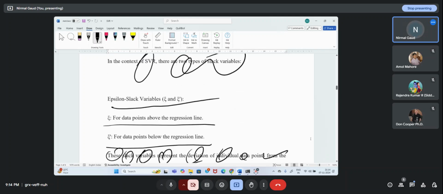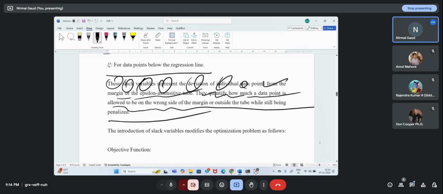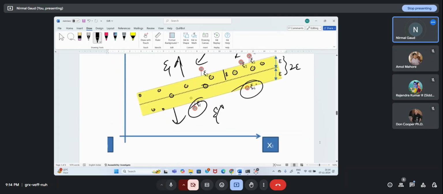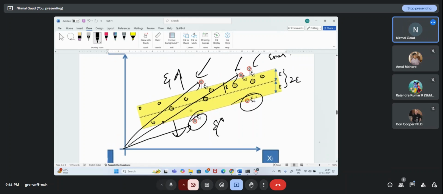And remember one thing: these are the support vectors. Let me go to the diagram again. These slack variables are support vectors. Try to understand what it told: we have to put a penalty over them.